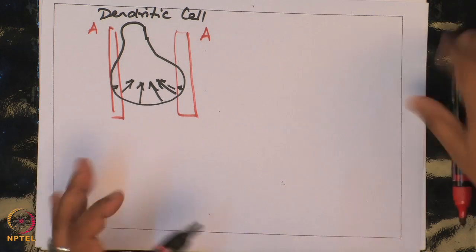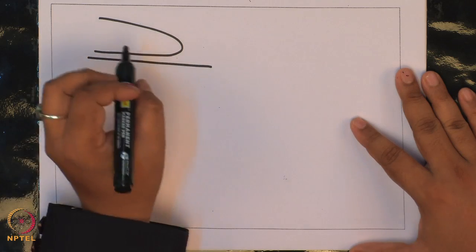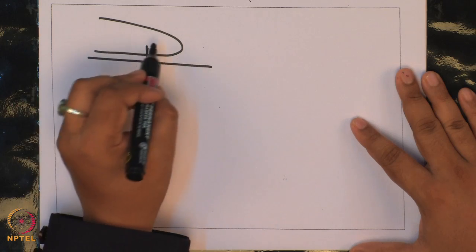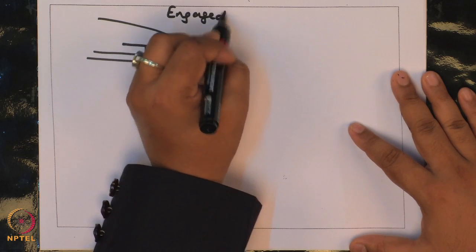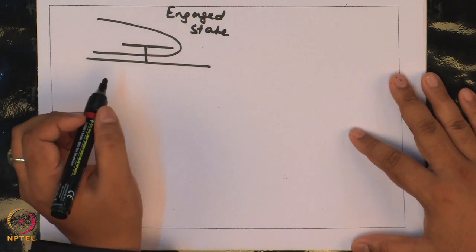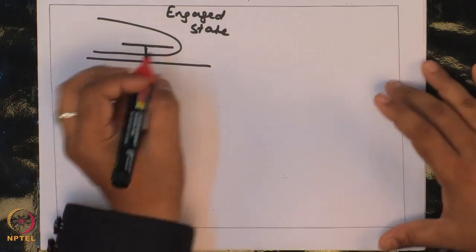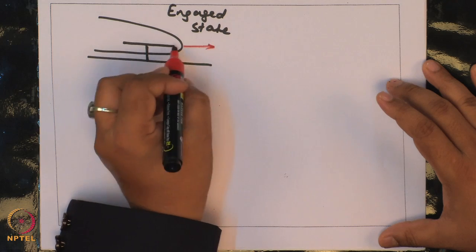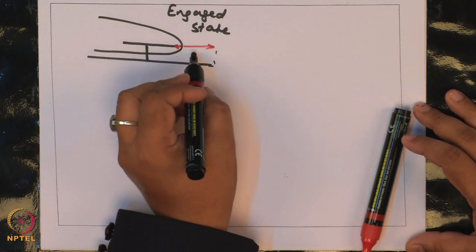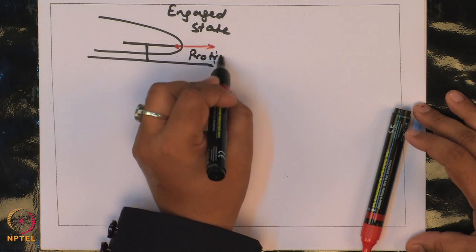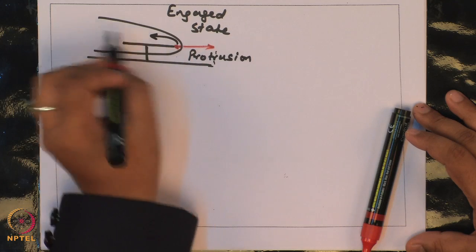If I were to draw a picture similar to that of a molecular clutch, like before, this is in an engaged state. You have two things: this is the protrusion and this is the retrograde flow.